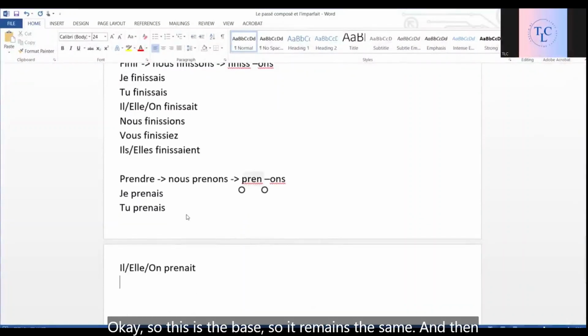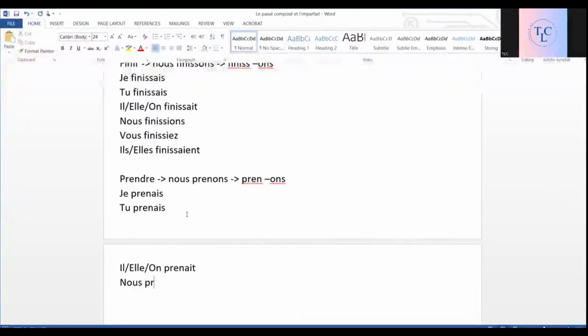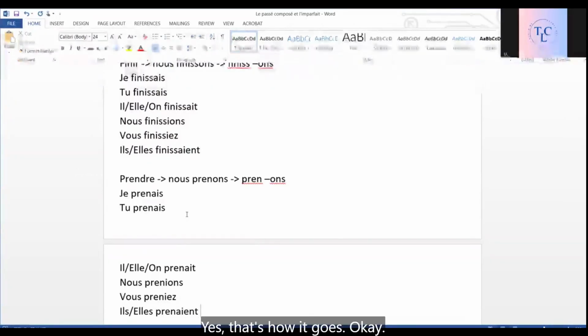Okay, so this is the base, so it remains the same. And then we add the ending. Nous prenions, vous preniez, ils, elles prenaient. Yes, that's how it goes.